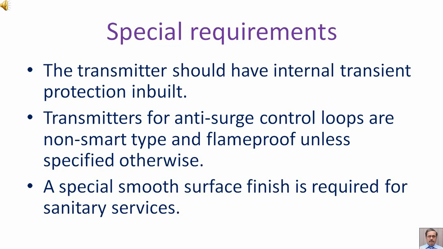Special requirements. The transmitter should have internal transient protection inbuilt. Transmitters for anti-surge control loop are non-smart type and flame-proof unless specified otherwise. A special smooth surface finish is required for sanitary services.